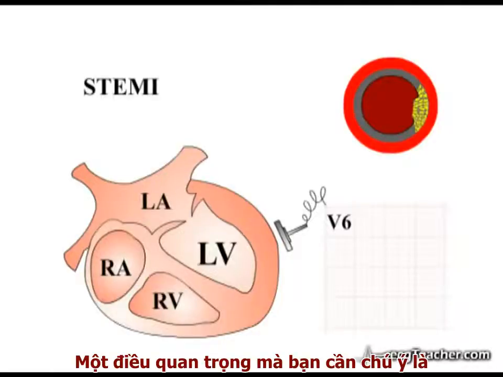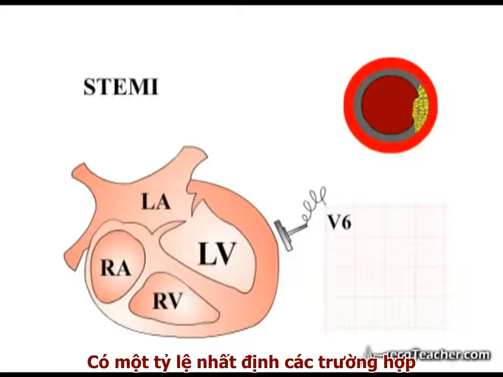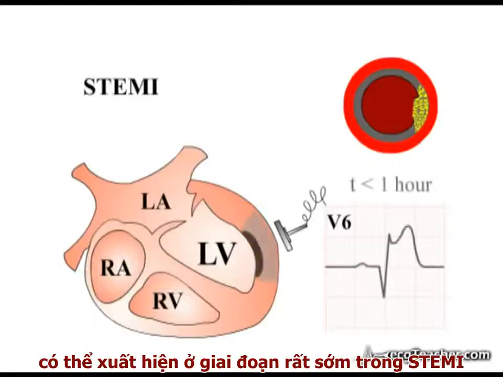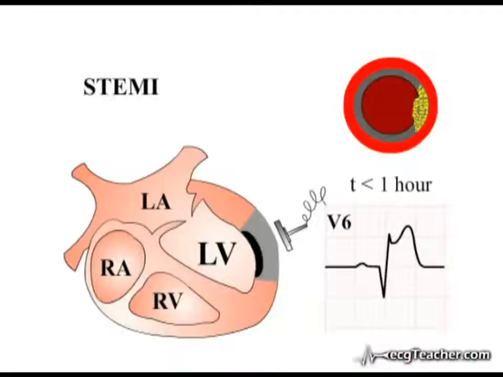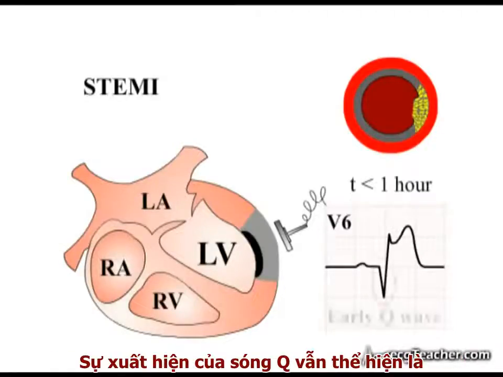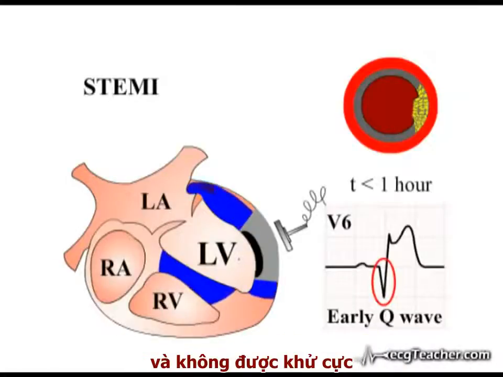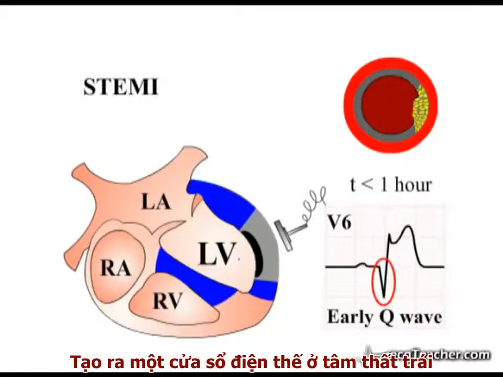It is important to be aware that in a proportion of cases, Q waves and loss of R wave activity may develop very early in the course of STEMI. In this situation, the presence of Q waves still implies that the muscle underlying the lead is electrically inactive and failing to depolarize, creating an electrical window into the left ventricle.